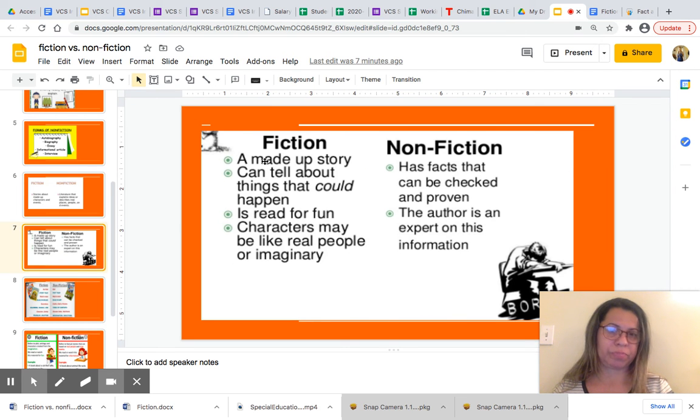Fiction, a made-up story, can tell about things that could happen, is read for fun. Characters may be like real people or imaginary. Non-fiction has facts that can be checked and proven. The author is an expert on his information.